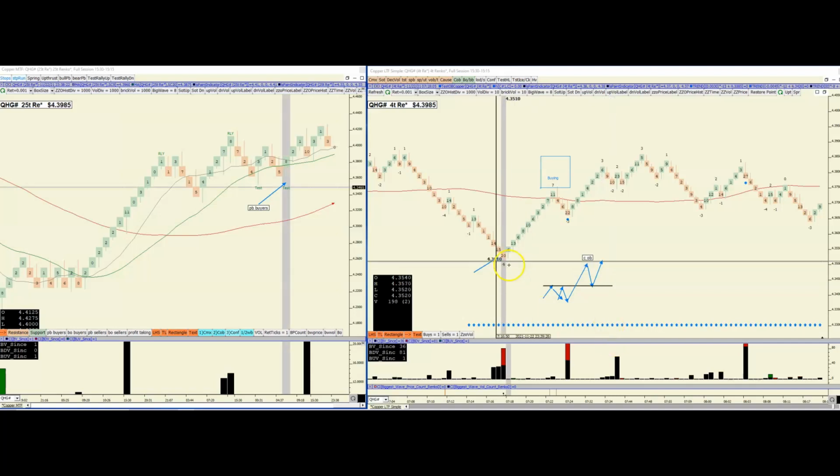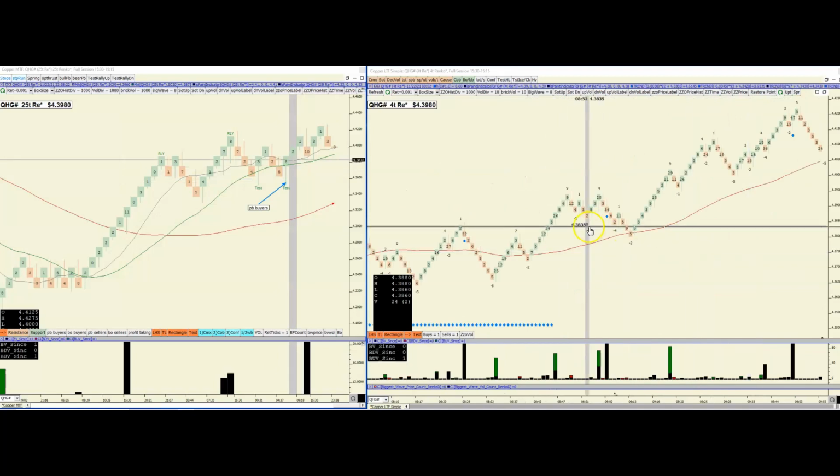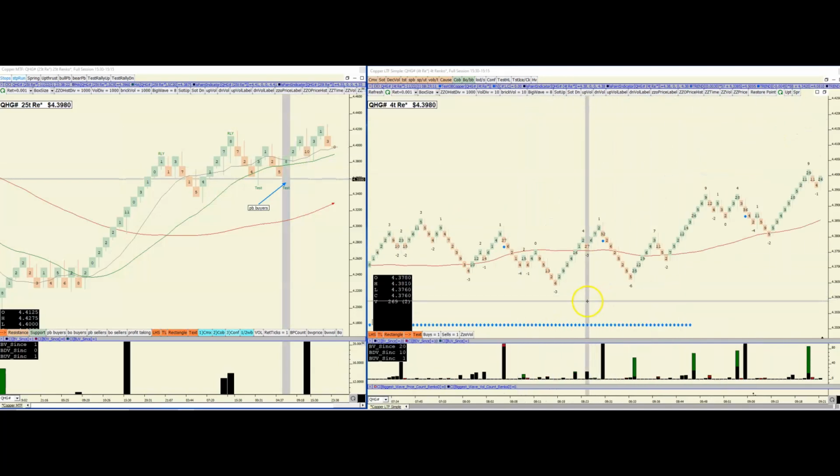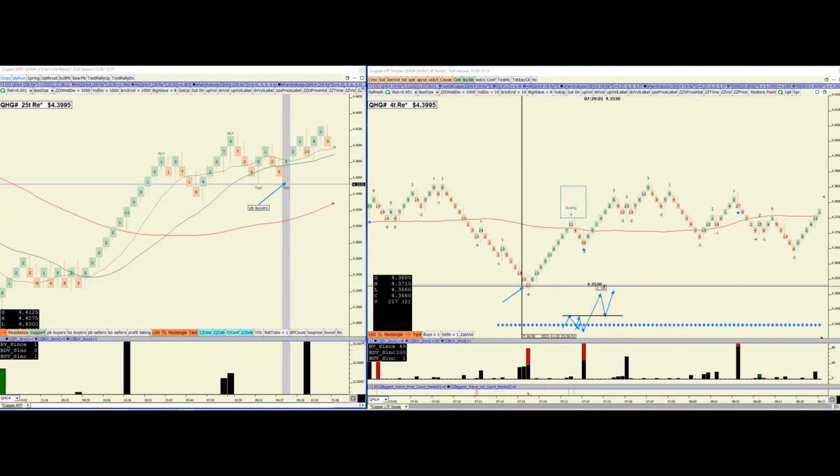All right? Because when big hands come in, they know what the exact low and high is. And that's what they get. So whoever did this knew what the exact low was before this entire rally. They knew exactly what the low was. So, what do you want me to say?